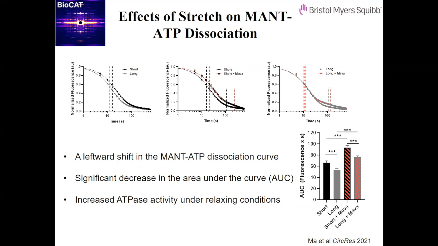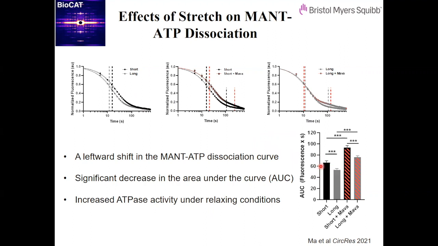Okay, when we stretch the muscle from short to long, we see a leftward shift of this curve. Okay, finally it's back. There's a leftward shift of the mant-ATP dissociation curve that results in a significant decrease in the area under the curve.